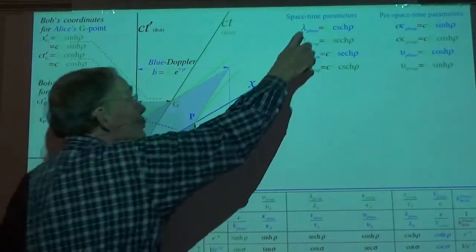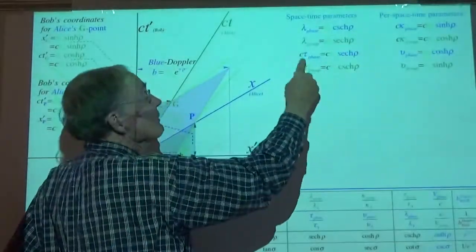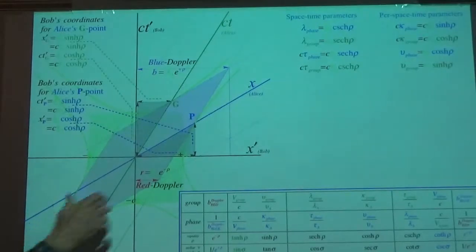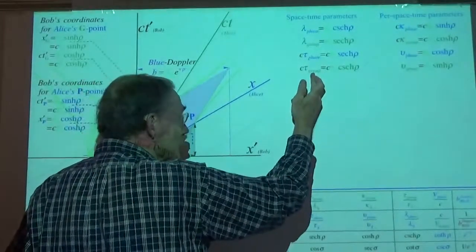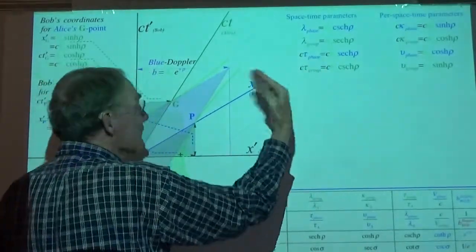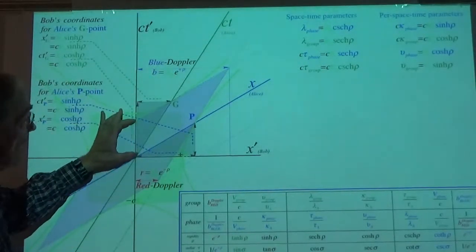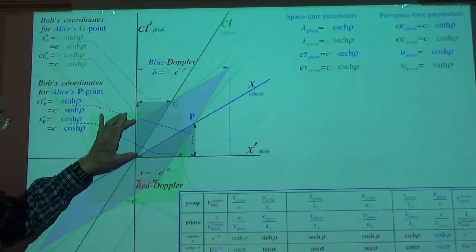So that takes care of 2 lengths in space. Then here's 2 lengths in time, 2 intervals of time: tau phase and tau group, the period of those 2 waves. And that just has to do with where they cross the vertical axis.